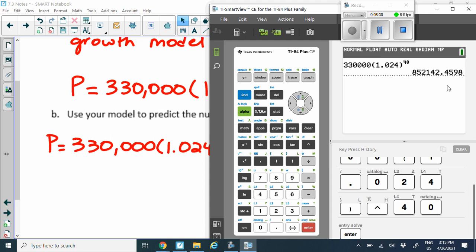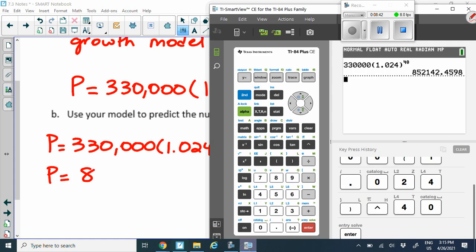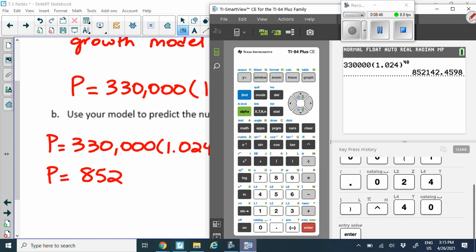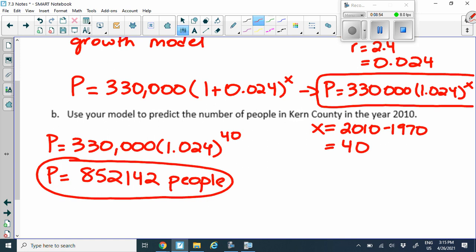And so that'll be 852,142. So that's going to be our final answer. And don't forget your label, since this is a word problem, and we're going to say people. Okay. So that would be my final answer there.